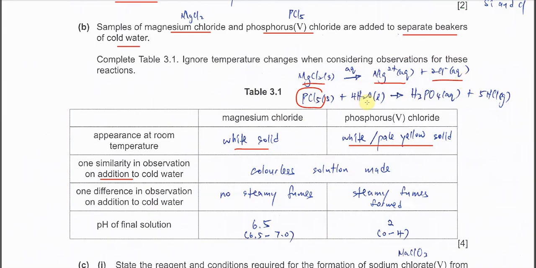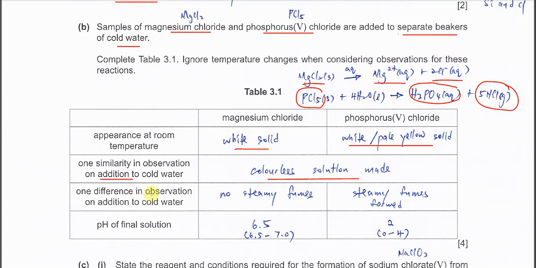PCl5 when it dissolves in water will form HCl gas and phosphoric acid. Phosphoric acid is clear, no color. So that's why these two chloride compounds, after they dissolve or react in water, will form a colorless solution.